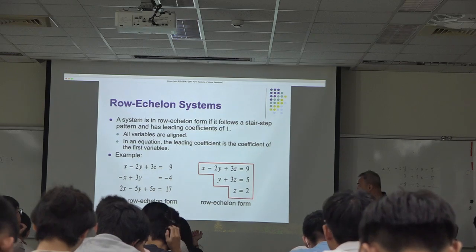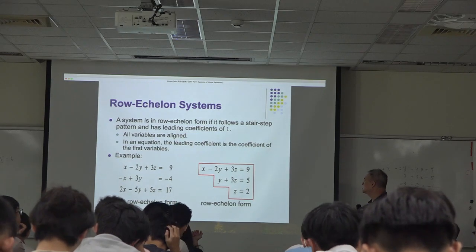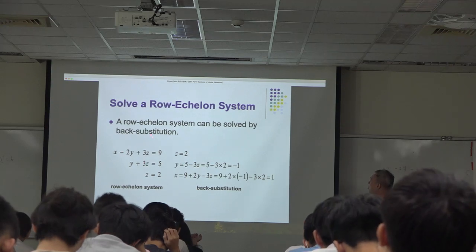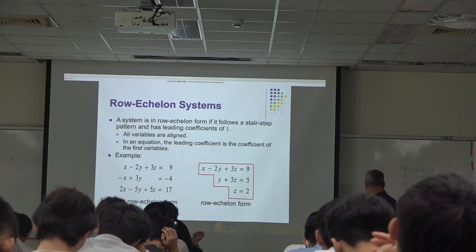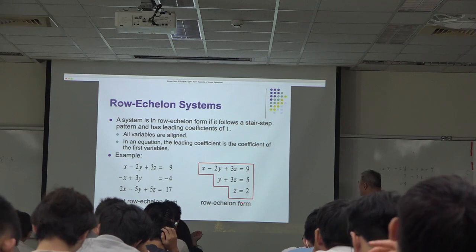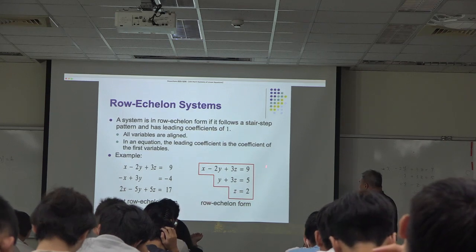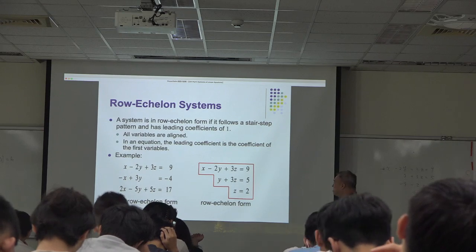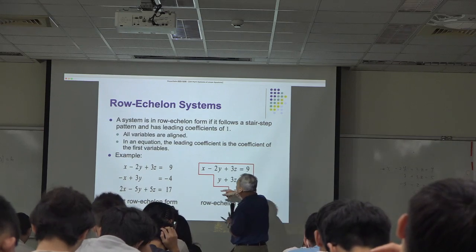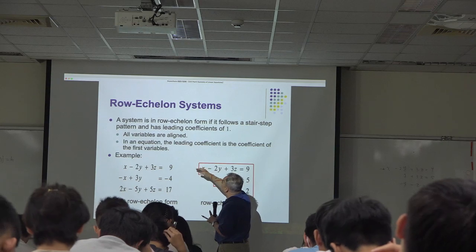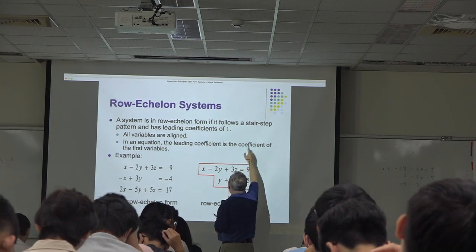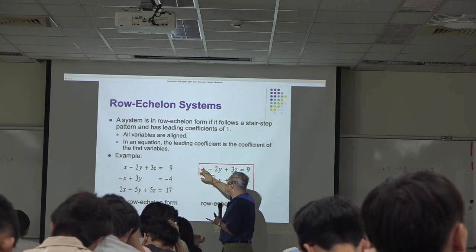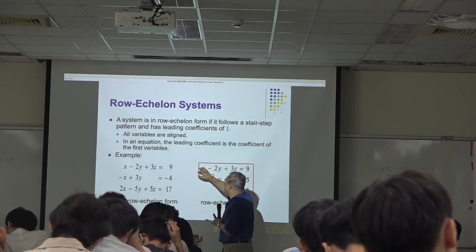Basically, this is how we get this job done. And once we get the equations into the row echelon form, let me repeat, it's a staircase, a stair step pattern, and the leading coefficients are all 1.